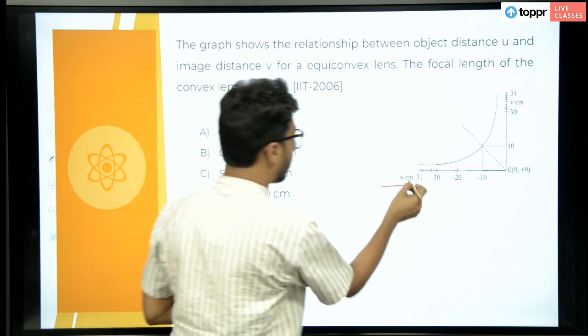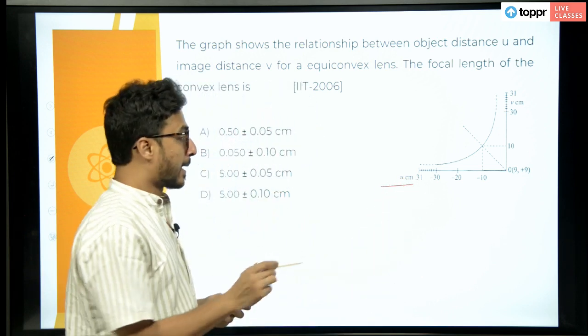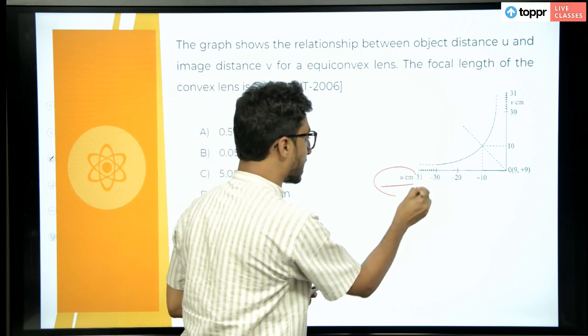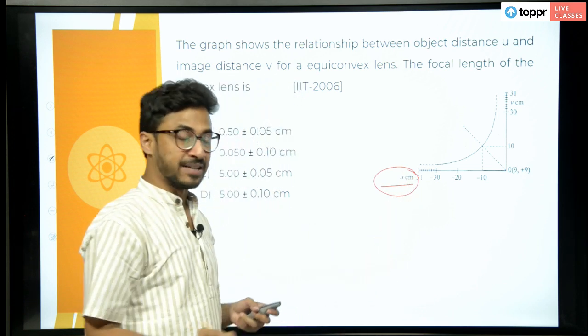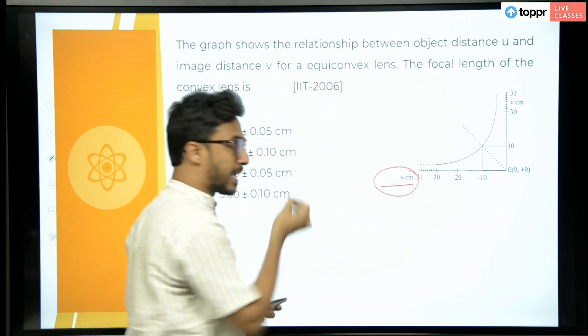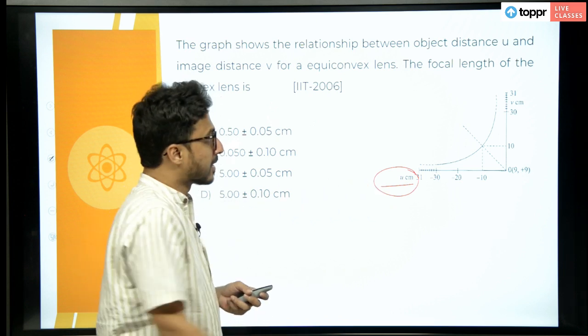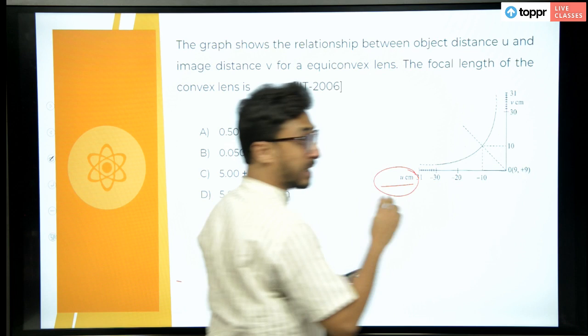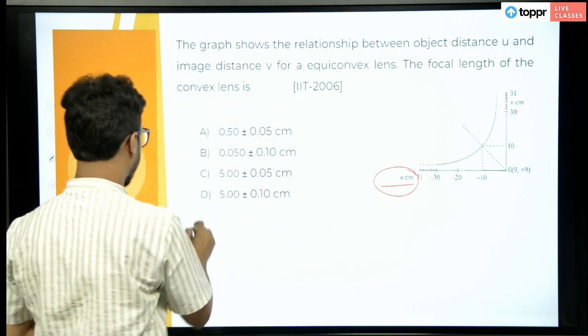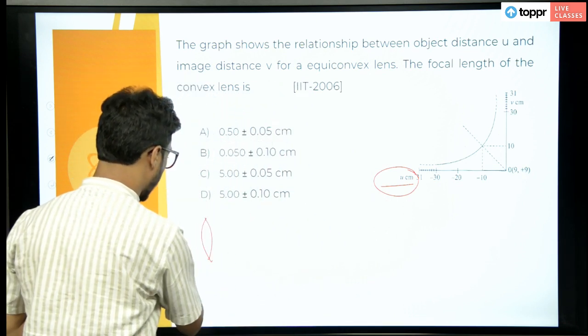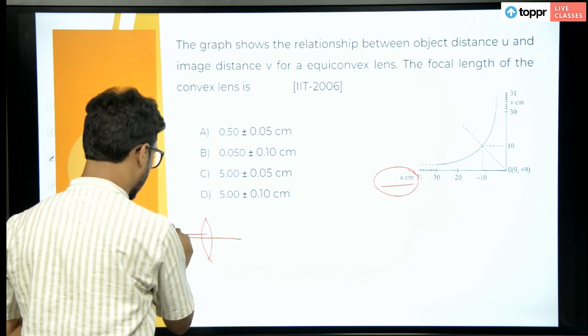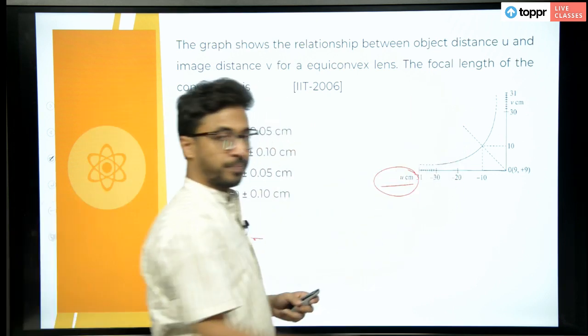Now see, one thing if you notice, the object distance, as it is negative, is plotted in the negative direction of the x-axis. And the image distance in an equiconvex lens, this is the u asymptote.